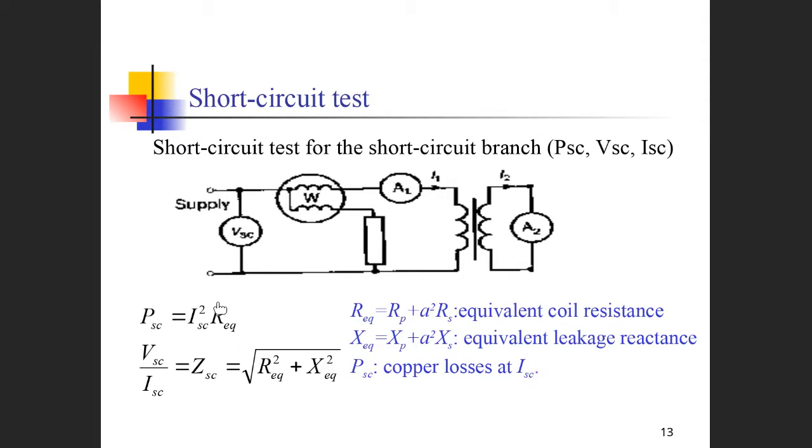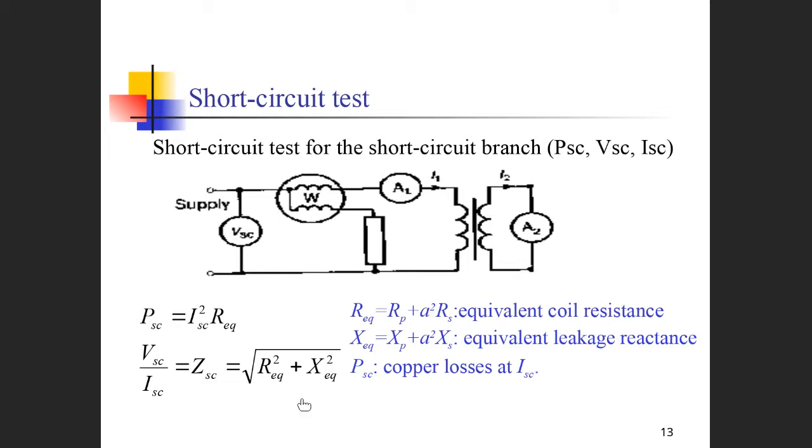You can estimate the internal resistance of the transformer, referred to, for example, the high voltage side. And also, you can find the equivalent internal impedance of the transformer, referred to the high voltage side. Of course, you can change it into referred to secondary. So based on the short circuit test, you can write the internal impedance of the transformer, the copper losses of the transformer and the rating currents.